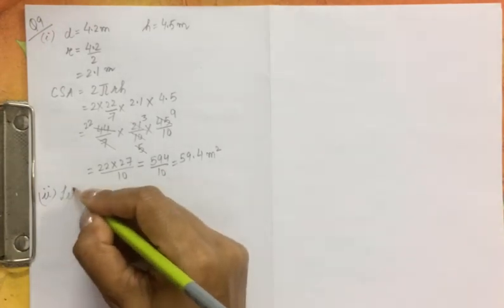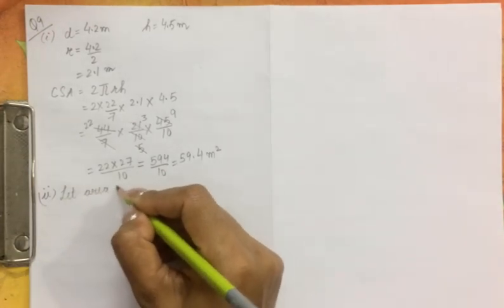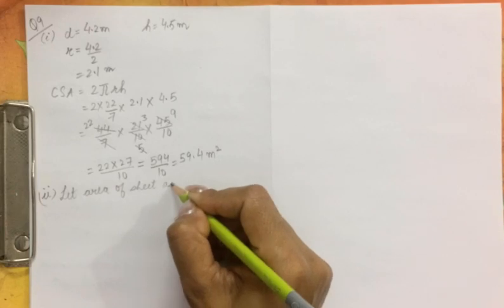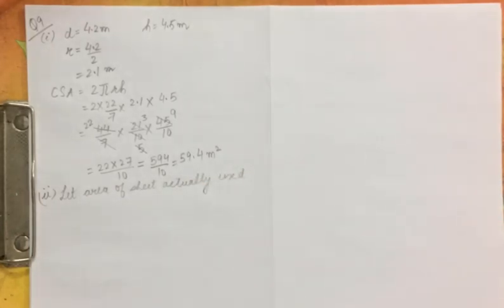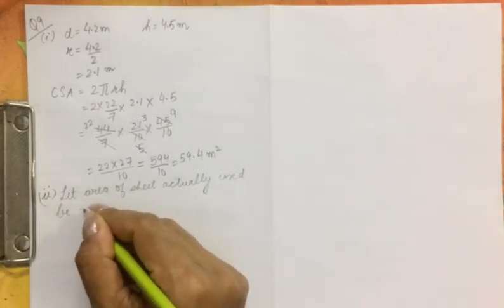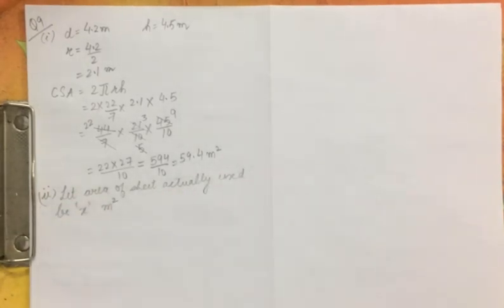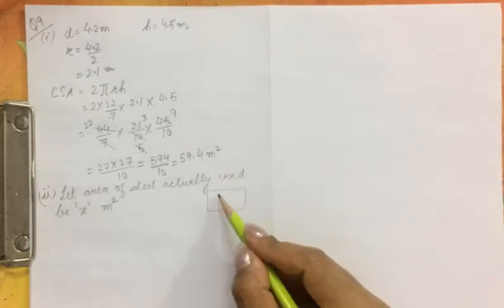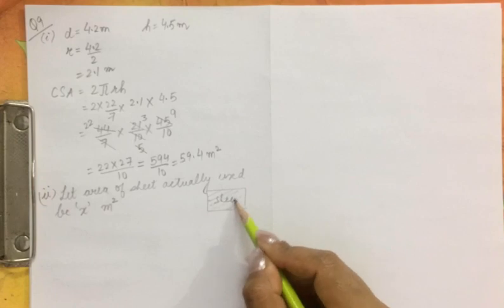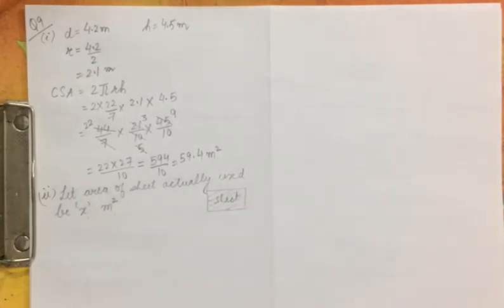So let us say the area of the sheet actually used, before it was cut into shape required or welded together to form that tank, is x meter square. You can imagine that the sheet is rectangular in shape and the area for this sheet is x meter square, irrespective of its length and breadth. We are not concerned with that.